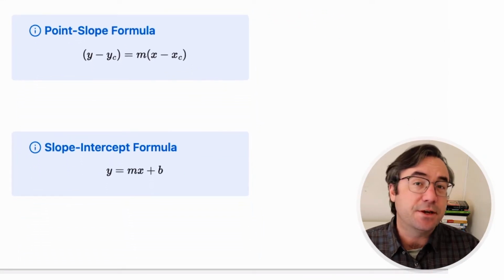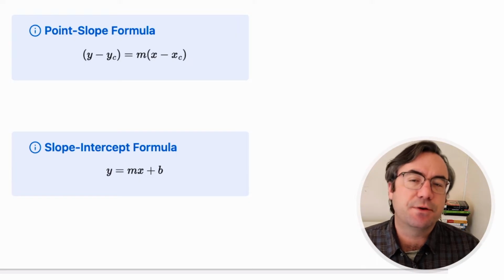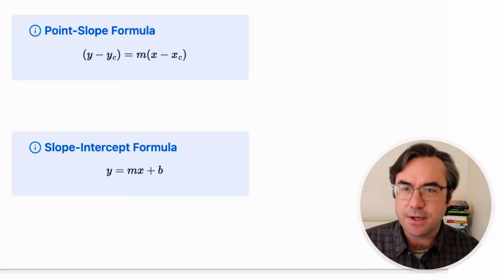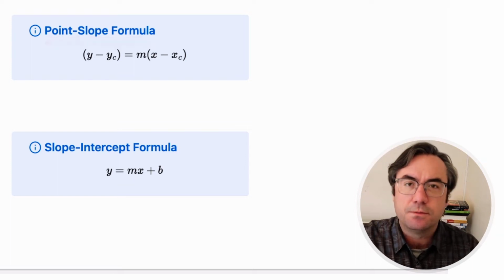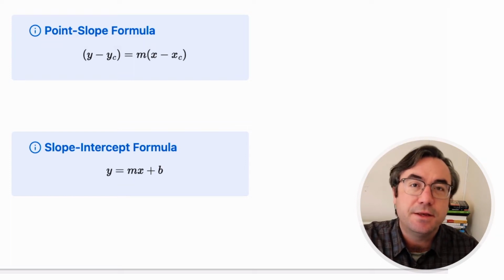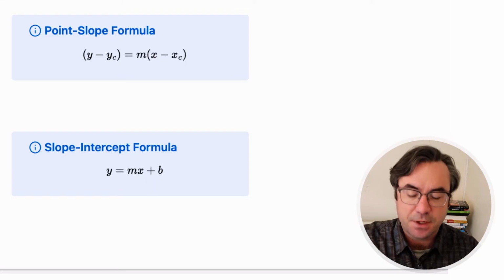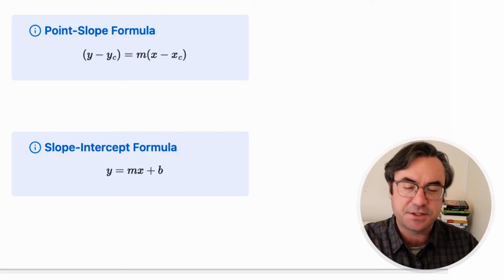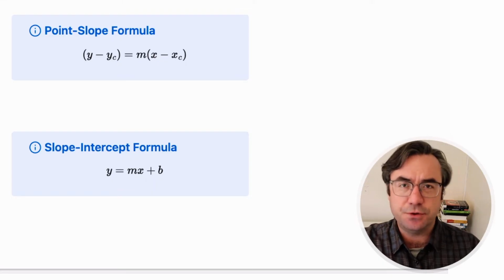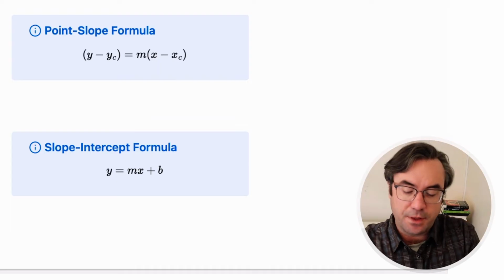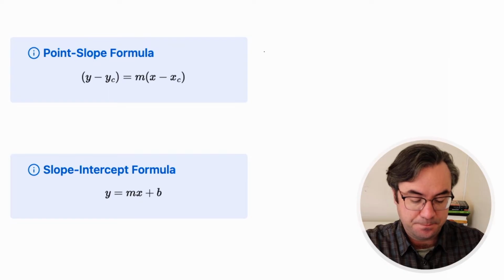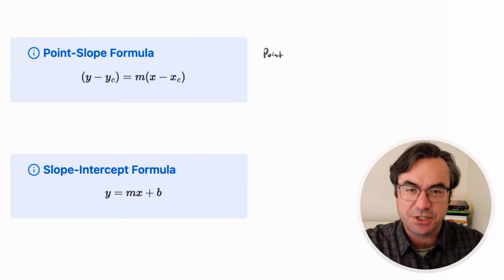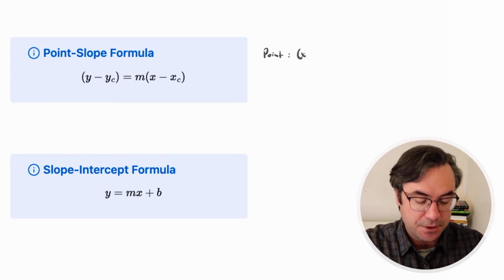Now, to actually get the equation of a line, there are 2 different versions that we might use. The first one, and probably the one we'll use more often, is called the point-slope formula. We need 2 things to use it. We need to know a point, like the name suggests: an x-coordinate and a y-coordinate.